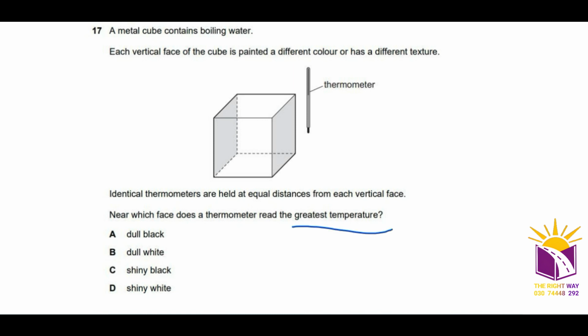As we know that dull texture and the black color are the best absorber and the best emitter. So A is the right option, because dull texture and black color are the best absorber and the best emitter. So we have the greatest temperature at dull black.